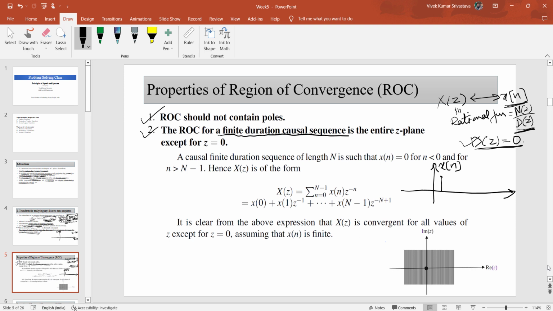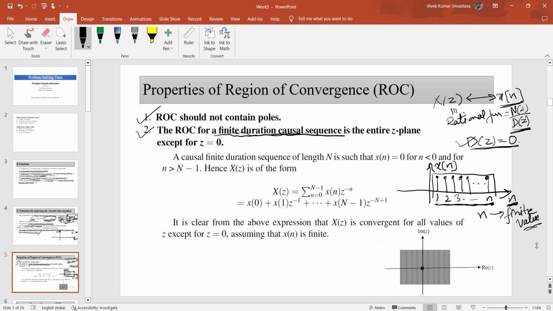This signal is defined only for positive values of n, and for a definite range of values of n, let us say 1, 2, 3, up to n. So this sequence is defined only for positive values of n, and n is a finite value. This is known as a finite duration causal sequence.